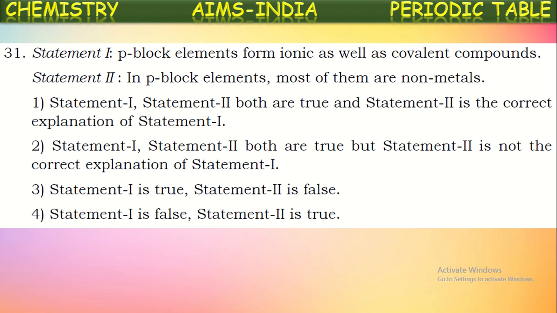For example, chlorine can form an ionic bond with the metals. At the same time, it can form covalent bonds with the non-metals. So as these are present at the extreme right side, mostly non-metals, they can form both covalent as well as ionic bonds. So both the statements are correct and the second explains the first one. So the first option is correct.